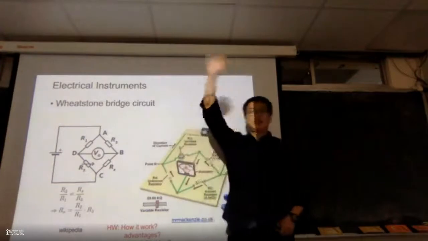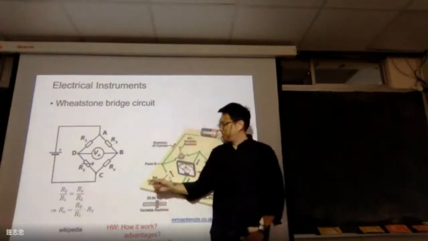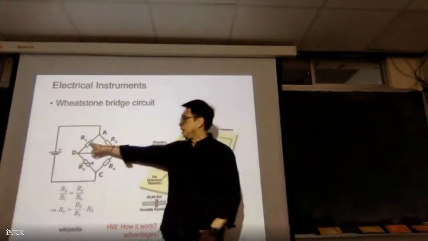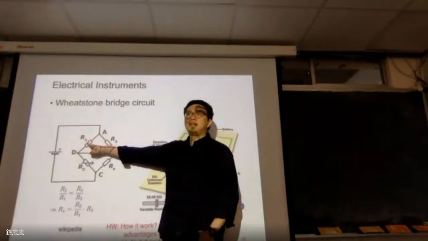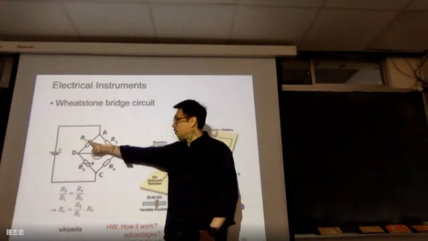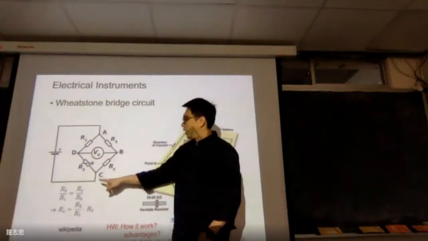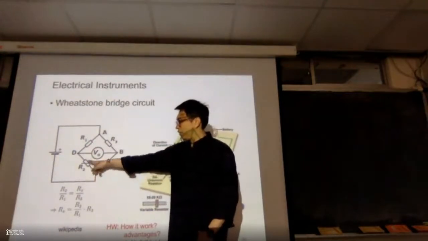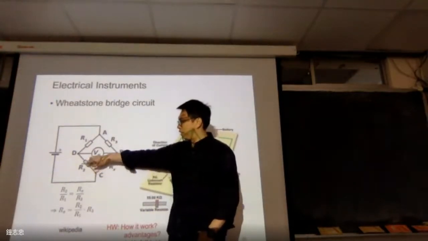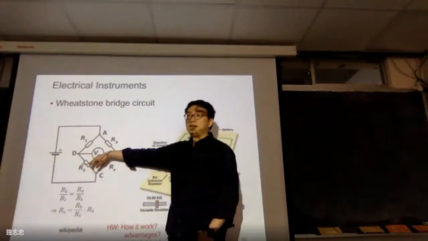So you guys, if I know the resistance values of R1, R3, and also R2. R2 is the variable resistor, so we can change the resistance ourselves.